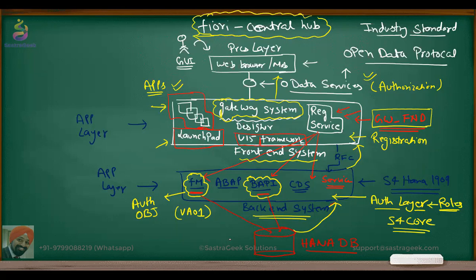HANA DB has to be implemented because we are discussing the scenario of S4 HANA. S4 HANA doesn't work without HANA DB. So you have to purchase the DB license twice? No, the DB is the same. The DB is connected with your backend system. So the database is already there, which is connected with your backend system. It's the same DB you would be using.